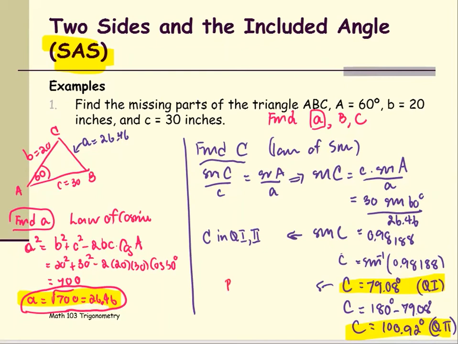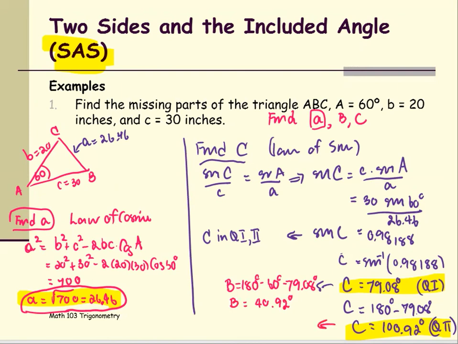So angle B equals 180 degrees minus angle A, which is 60 degrees, minus 79.08 degrees, which comes out as 40.92 degrees for one solution.